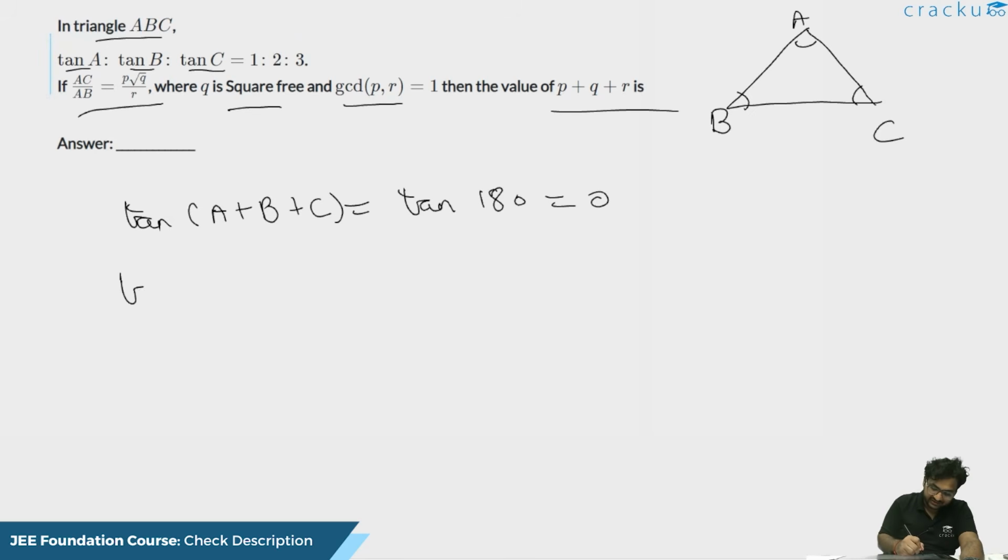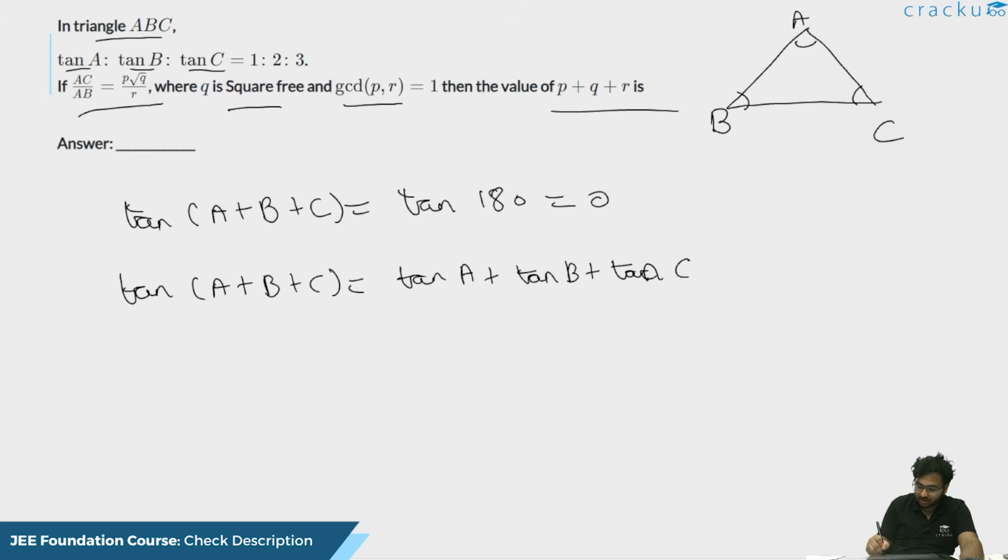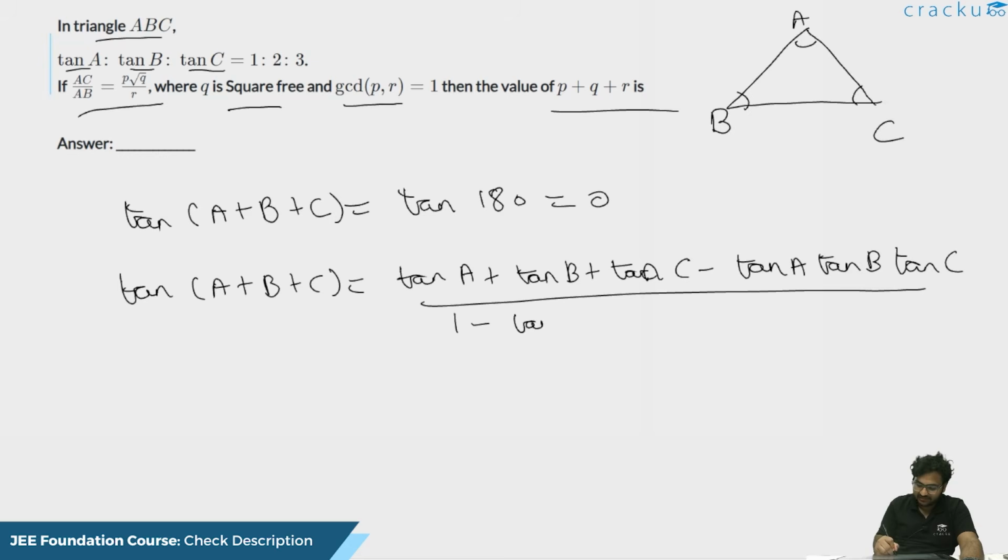And we know that tan (A plus B plus C) is equal to (tan A plus tan B plus tan C minus tan A tan B tan C) upon (1 minus tan A tan B minus tan A tan C minus tan B tan C).